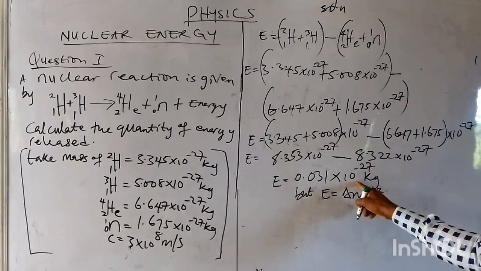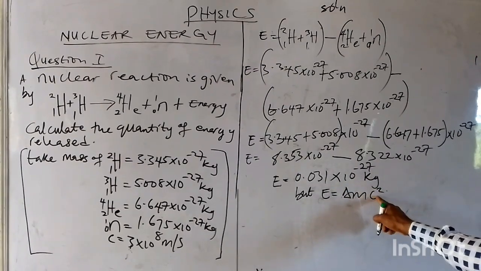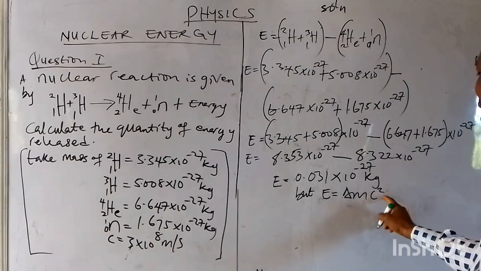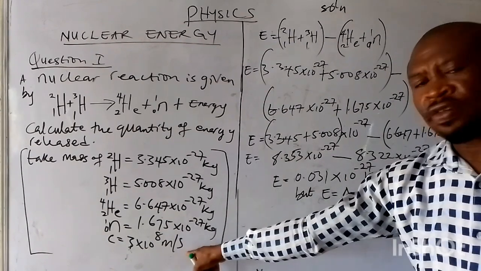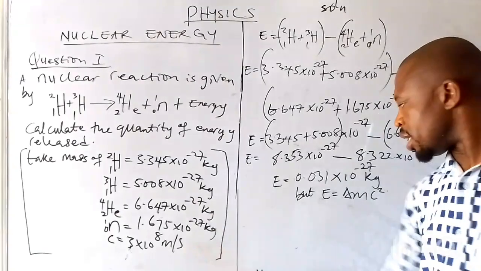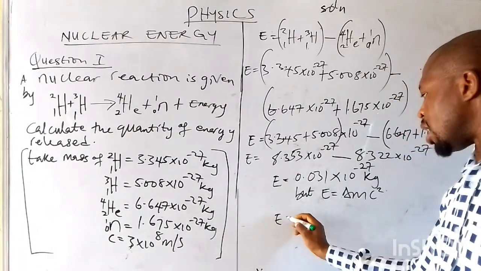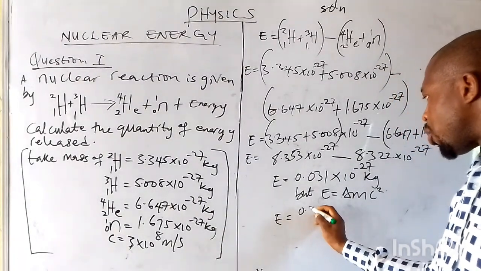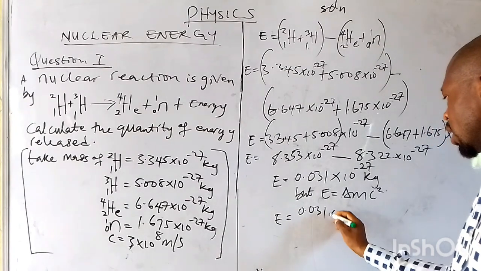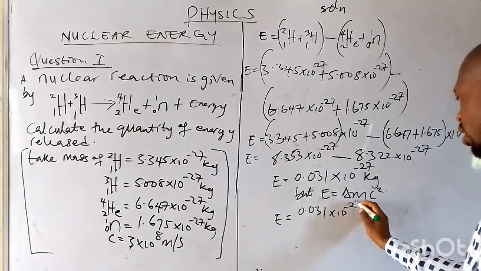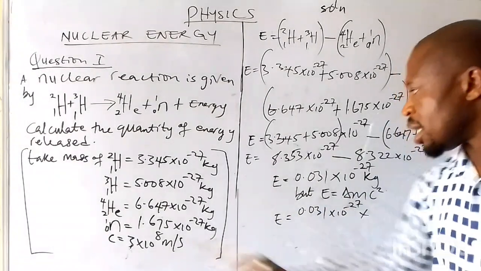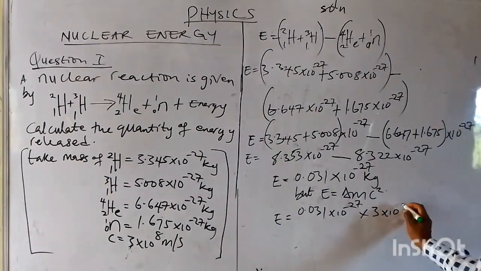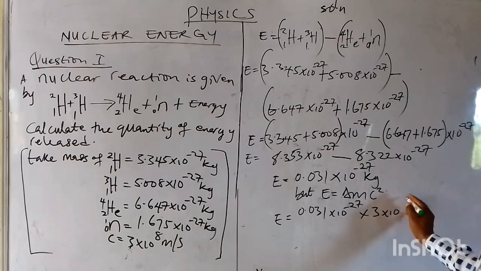This is our delta M. So all we need to do is to multiply by C squared. And of course, this is the value of C. So if we multiply this, we now have 0.031 times 10 raised to the power minus 27 times C, 3 times 10 raised to the power 8.